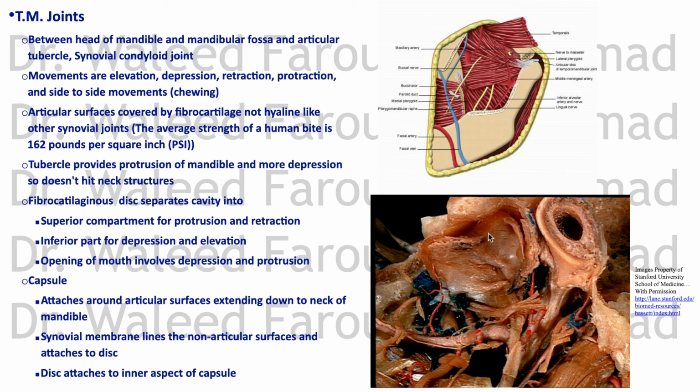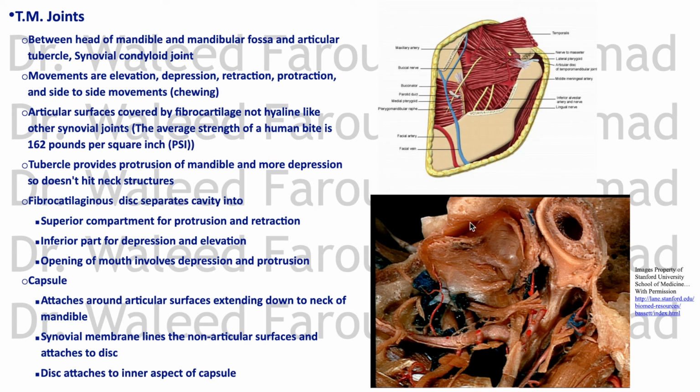Okay, it's a very tough joint, by the way, and I told you about the bite strength provided by this joint. The capsule of the joint is attached around the articular margins, of course, like any synovial capsule.